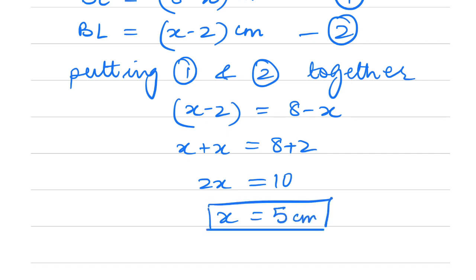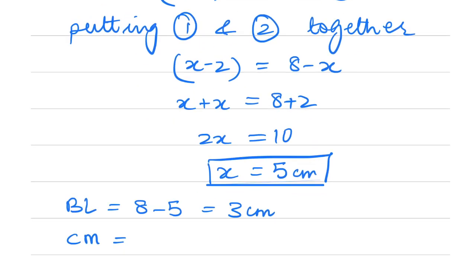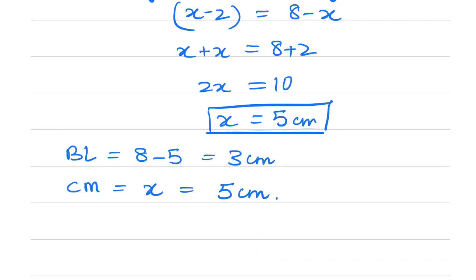Now we have to find the lengths of BL. So BL is equal to 8 minus 5. So this is equal to 3 centimeter. CM is equal to x. So this is also equal to 5 centimeter. Then we have to find AN.